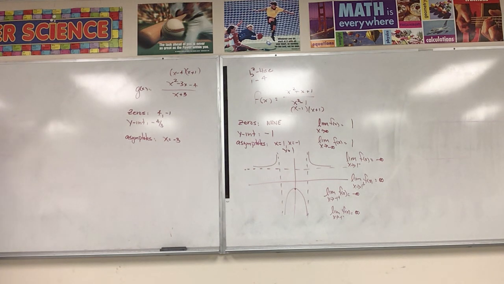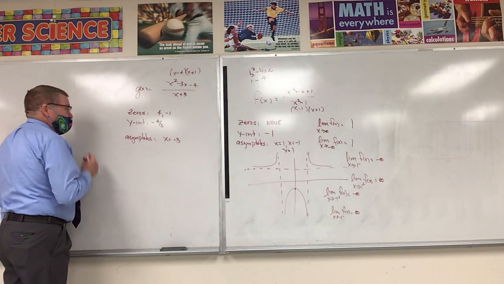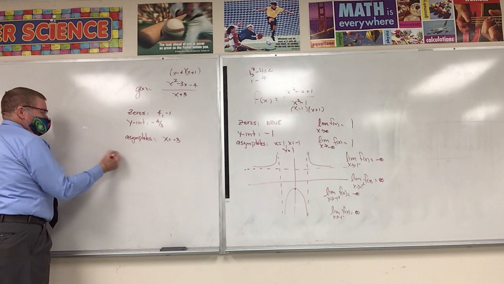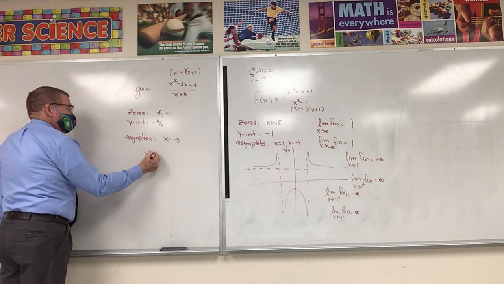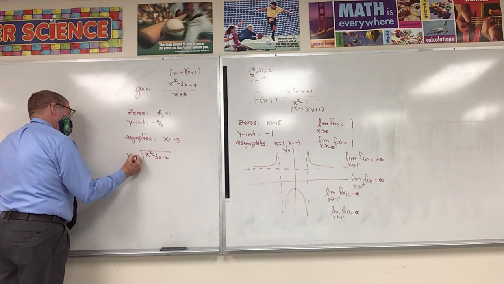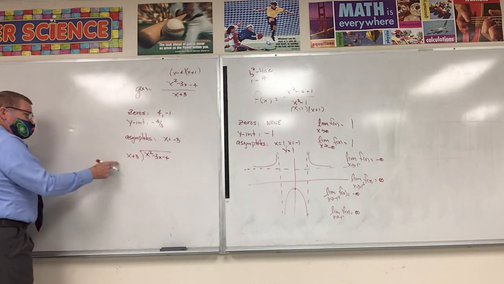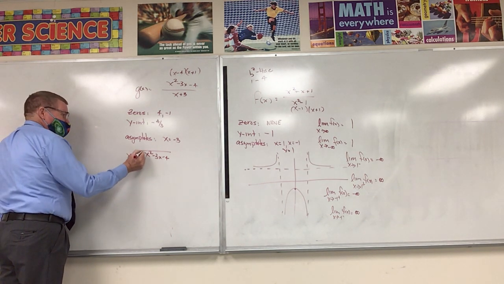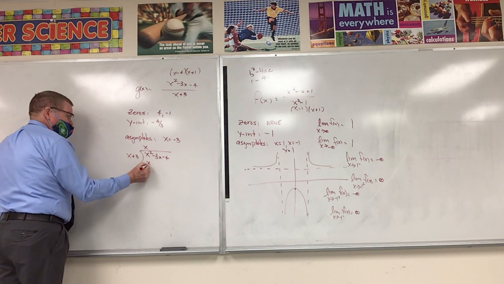Alright, my numerator degree is bigger than my denominator degree, so I don't have a horizontal asymptote, I have an oblique or slant asymptote. How do I find that? Divide. x squared minus 3x minus 4 divided by x plus 3. x goes into x squared how many times? x times.